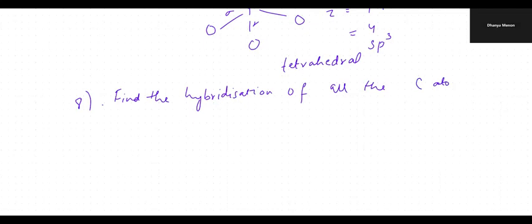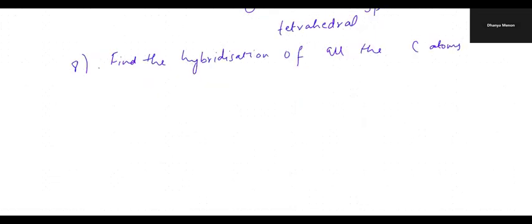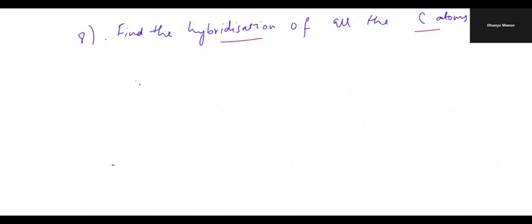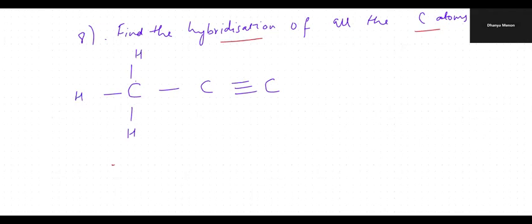Suppose I give the structure like this. Carbon is connected to carbon, connected to carbon. Here there will be 3 hydrogen atoms, here 1 hydrogen, and here no hydrogen because the carbon valency is satisfied. So I number the carbon atoms: carbon atom number 1, number 2, number 3.